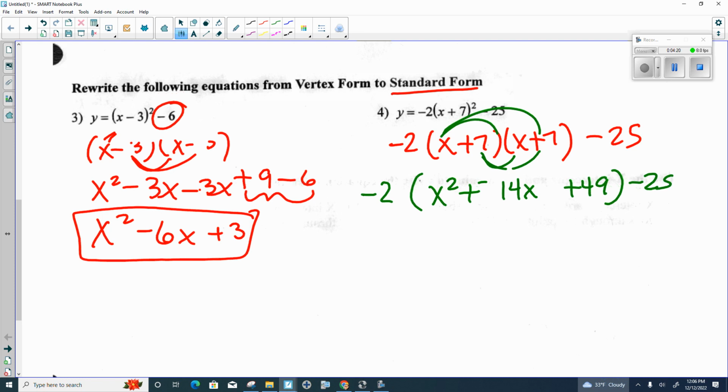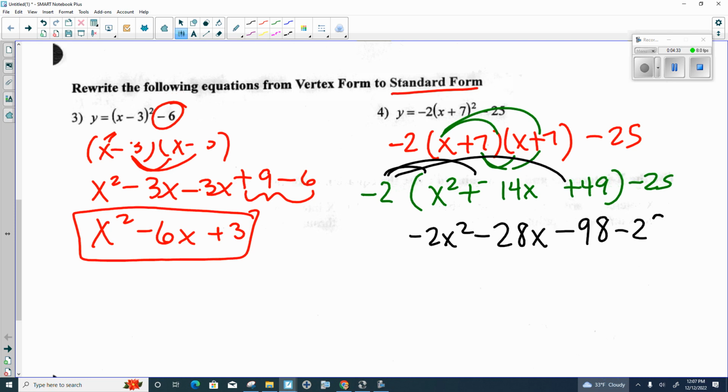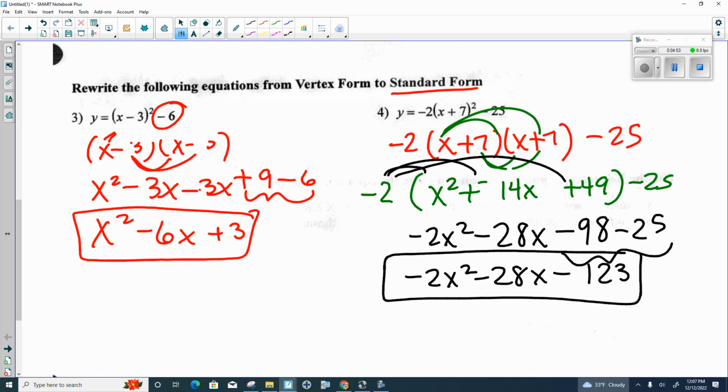Now I would distribute that -2 through. And the last step is to combine these like terms. I don't know what this is, 98, 100, 1, 2, 3. I think that's right. Again, I think these are the easiest ones on the whole test.